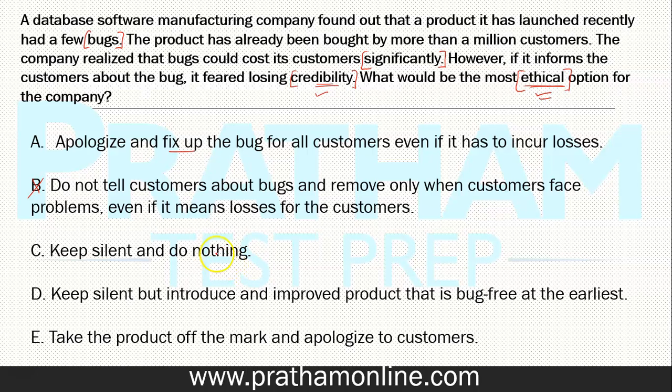We just said any answer which is evasive, any answer which would procrastinate, we would not be taking that as a part of our answer. So according to that rationality, C should also be ruled out. D. Keep silent. Ethical issue, still ruled out. But still, let's read the complete sentence. But introduce an improved product that is bug-free at the earliest.